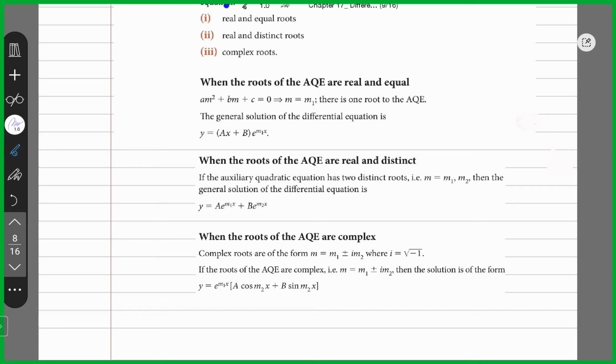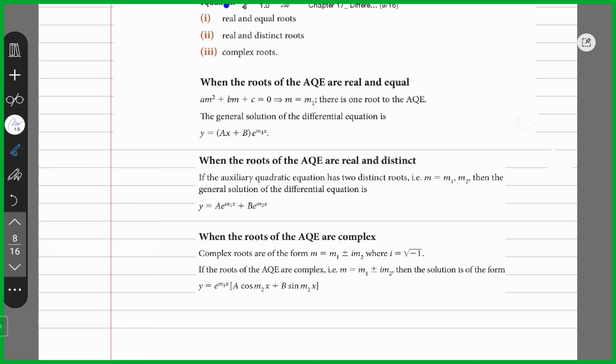Now, when the roots are complex, meaning that m is equal to m1 plus or minus i m2, m1 would be the real part of the solution, and m2 would be the imaginary part.